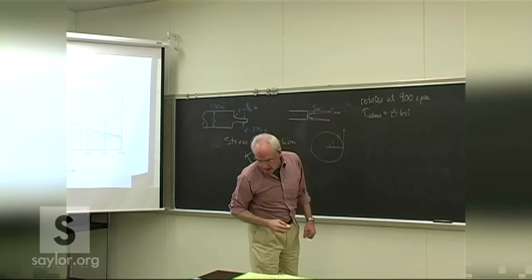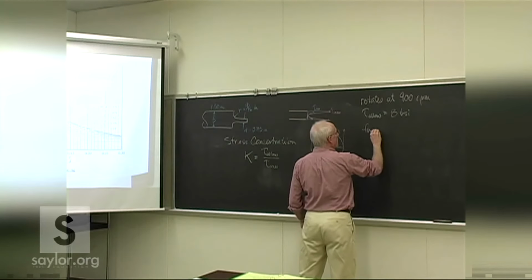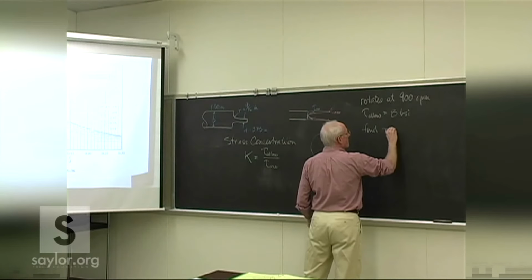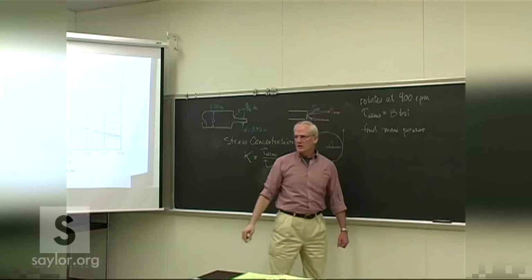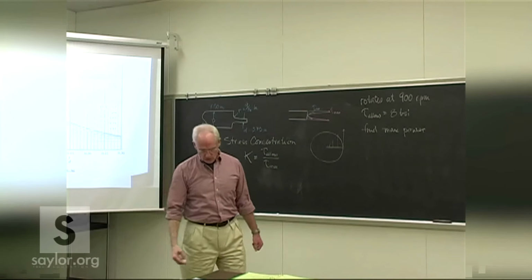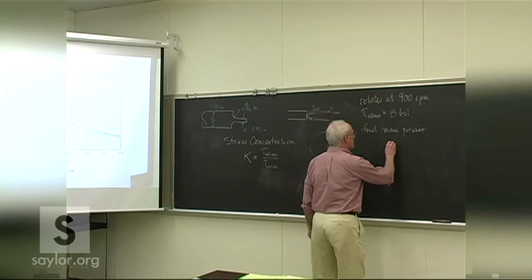So we want to find the maximum power output. There's a little bit extra in here that we need to work through just to make sure we've got the parts to it.